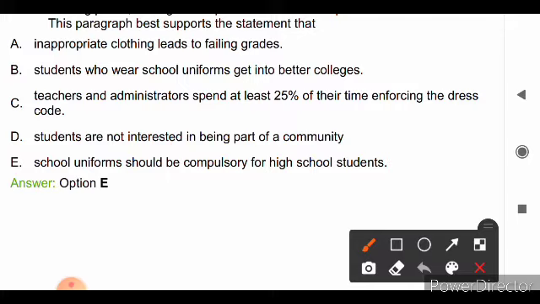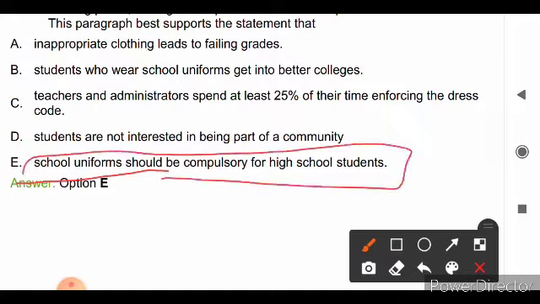Option D, students are not interested in being part of a community. And option E, school uniforms should be compulsory for high school students. So the right answer of this question is E: school uniforms should be compulsory for high school students.